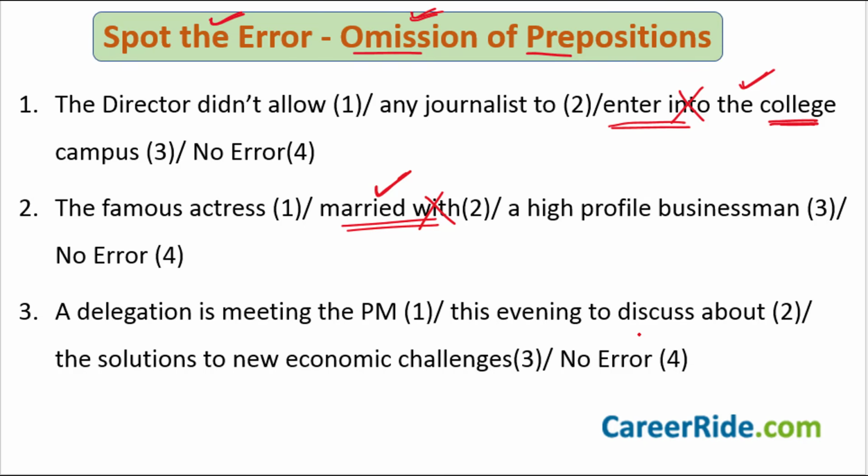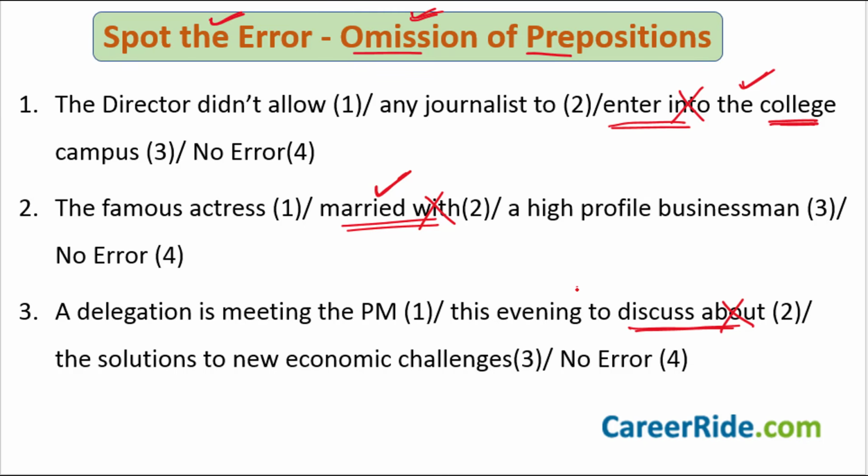But if you look at this second part, it says this evening to discuss about. Now a word like discuss or describe or elaborate, these type of words do not need this about with them. They directly take the object. So this evening to discuss the solutions to new economic challenges, that would have been the right thing to say.